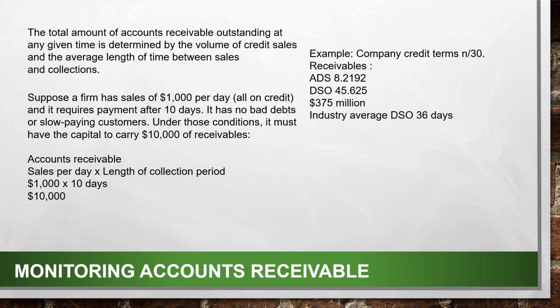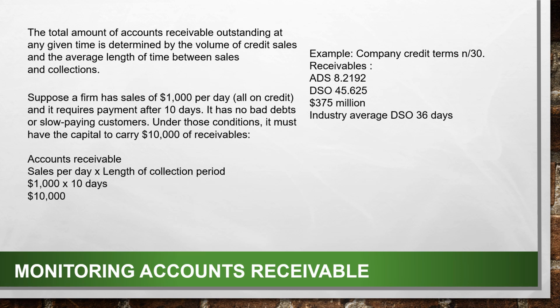Days sales outstanding, the length of time, our collection period. We determine the capital tied up in receivables by multiplying them, so we get 375 million.